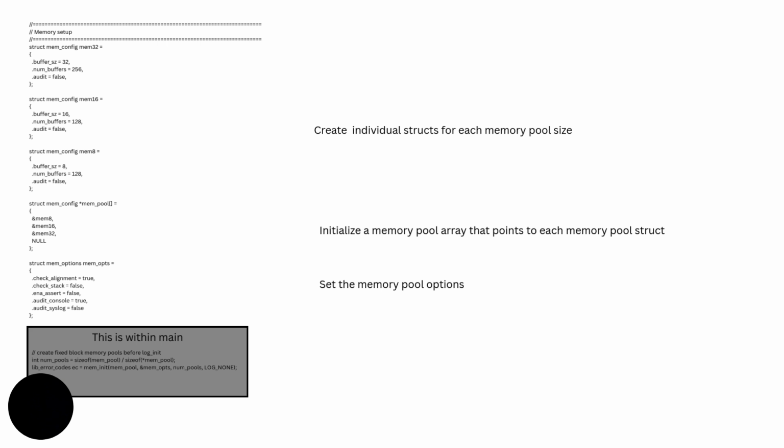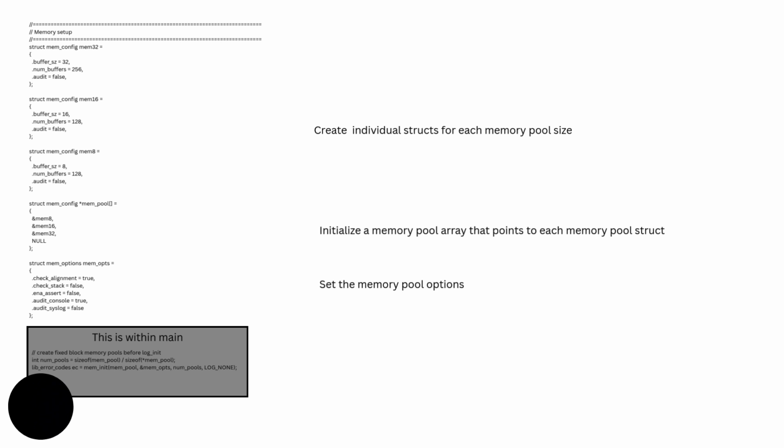How this would be used, at least for initialization, we would create a variable here that you can see, num pools, and we'd take size of mempool divided by the size of a pointer of mempool, that is, referencing the first element in the mempool.